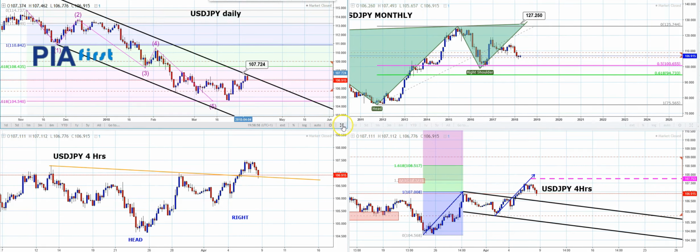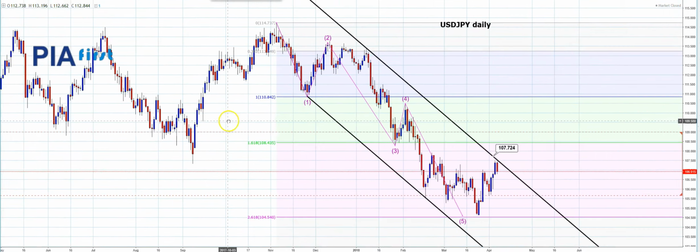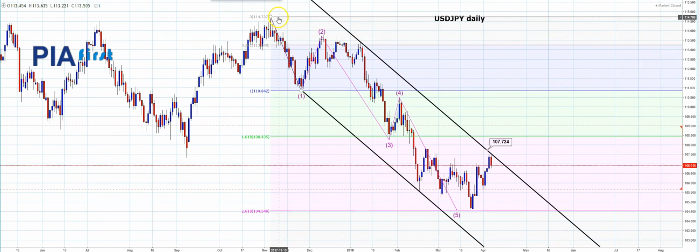Now, if we go to the daily chart, here we can see the last leg lower from 114.74. Again, Elliott wave formation completing close to 104.54, which was the 261.8% extension level. And then we've seen this move to the upside. Now, we wouldn't call a buy around this level because we've got this trendline resistance now coming in.